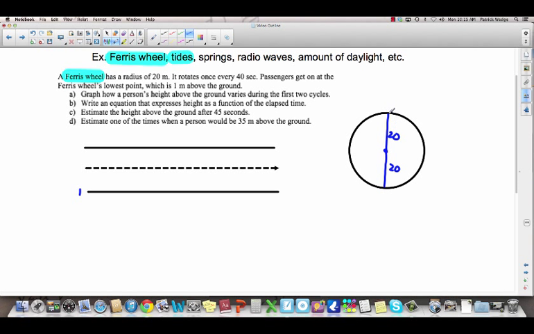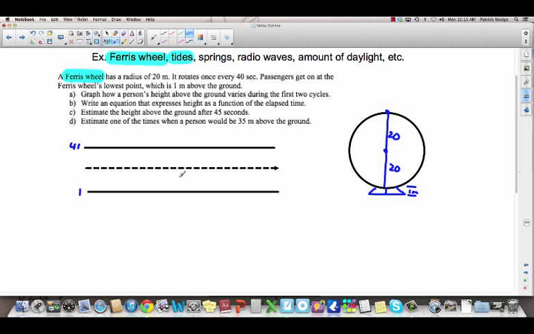So your height way up here is 40, but remember, this thing's off the ground a little bit, right? The Ferris wheel is a very advanced Ferris wheel here. This distance from here to here is 1 meter. So when you're way up at the top here, you're 20 plus 1, you're 41. So the height at the very top here is 41. That's the maximum height someone reaches.